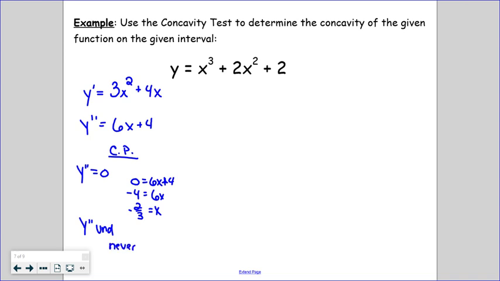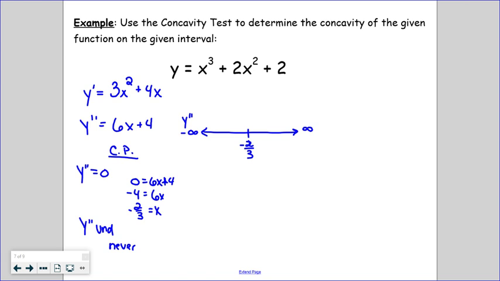And then just like our first derivative test, we are now going to make a sign chart, putting our critical points and our endpoints, if we had any, which we don't on this one, onto our sign chart. Testing numbers, and again, this represents the signs of my second derivative, right? So I would be putting these into my second derivative to find out the signs there that will tell me about my function itself.